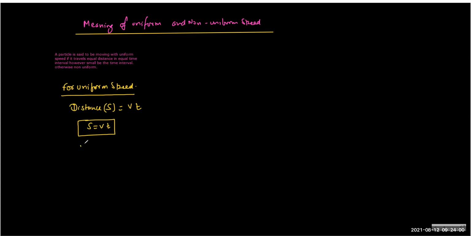So you can also write v equals s by t, like small school, high school formulas, and t equals s upon v. To remember all this, we have a triangle method. s equals vt, v equals s by t, t equals s by v. You can see from this triangle, you can get all formulas, right?